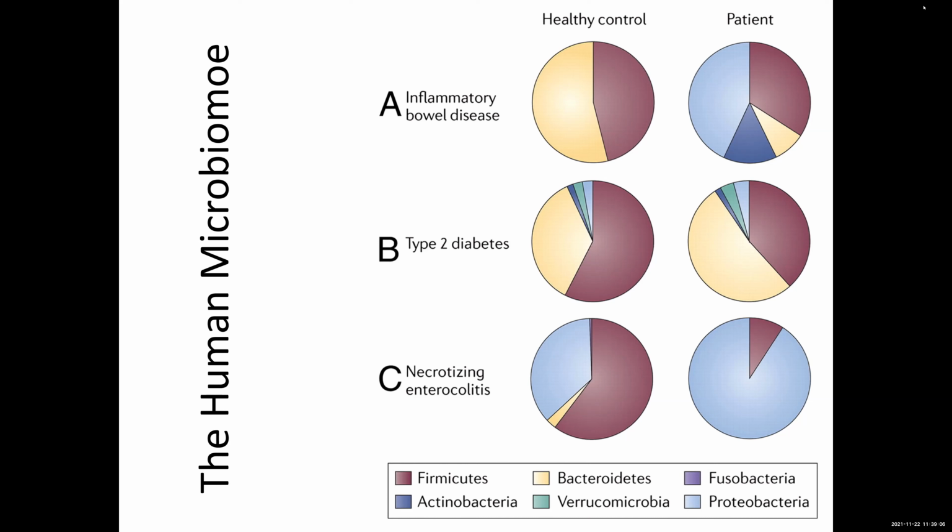All right, so this has also been shown to be, we have different gut flora or a different microbiome between people who are mentally well versus depressed, say, or that are obese versus having a healthy weight.